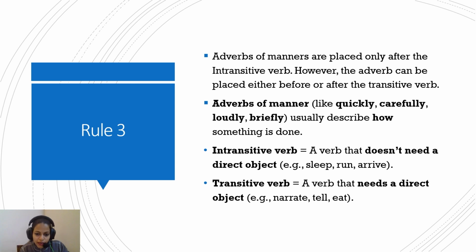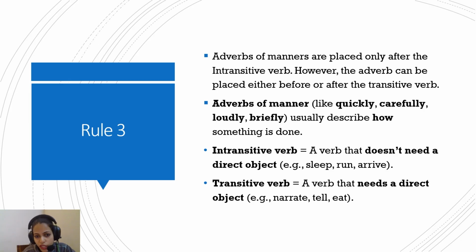In order to tell, you have to have somebody who is listening. Only then can the telling be done. So transitive verbs are the verbs that have to have some direct object. Similarly, eat, you have to have some object. You cannot be just eating without an object. So these are transitive verbs. And as the word is very clear, intransitive means it doesn't need a direct object.